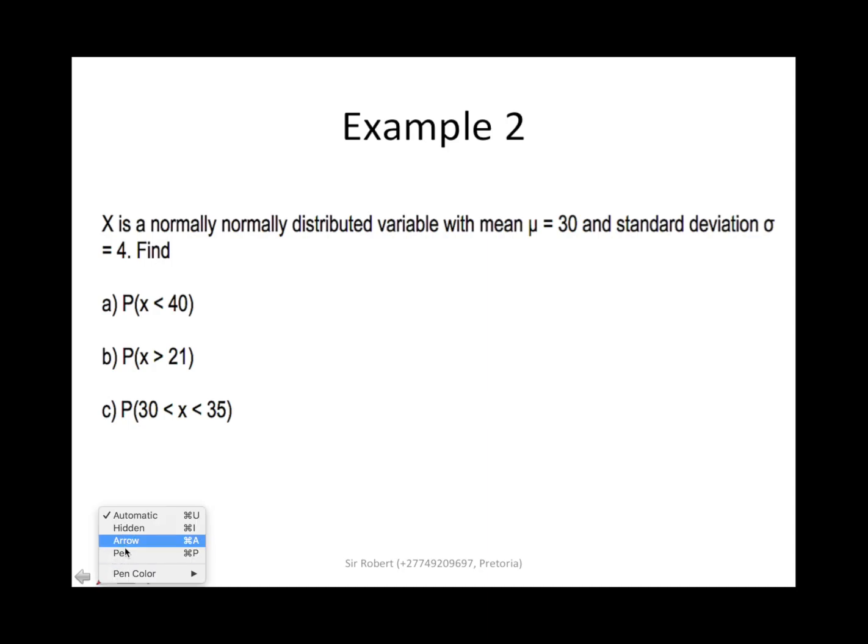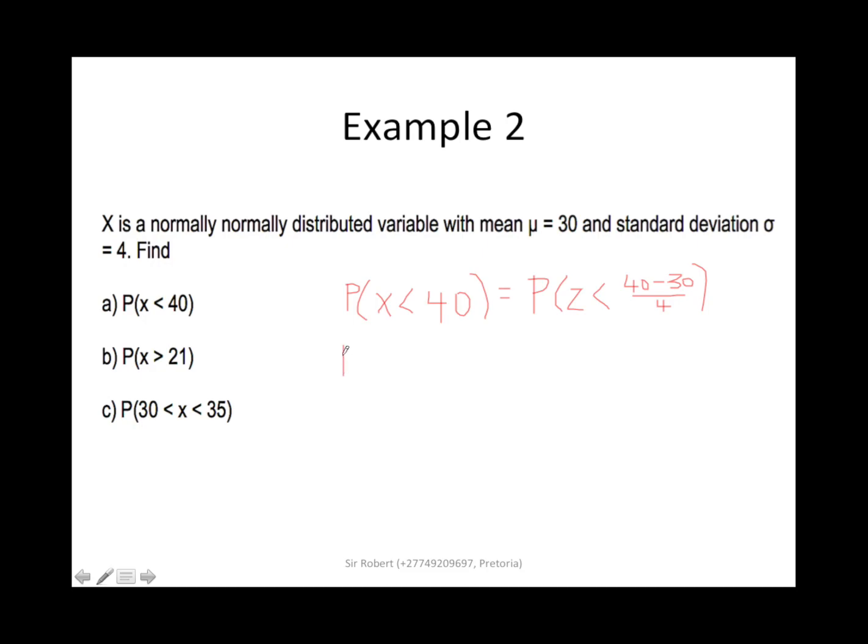So what you do here is the same thing. Probability of x less than 40 equals, you convert the x into z, so it becomes z less than 40 minus mu, divided by your standard deviation, which is 4.